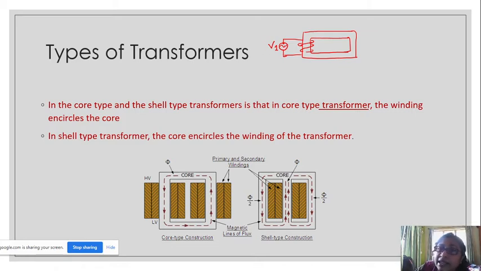We know that when current flows through a conductor, along with the current, flux also grows. If there is a current flowing through a conductor, there will be a certain amount of flux there. So if there is a voltage, definitely if it is a closed loop, there will be a current, and the sinusoidal current will produce a sinusoidal flux.